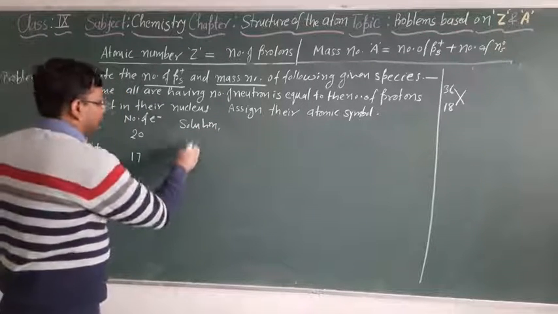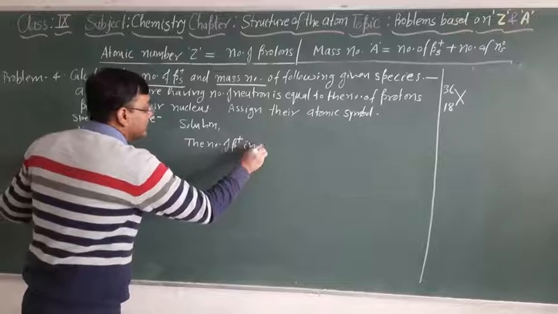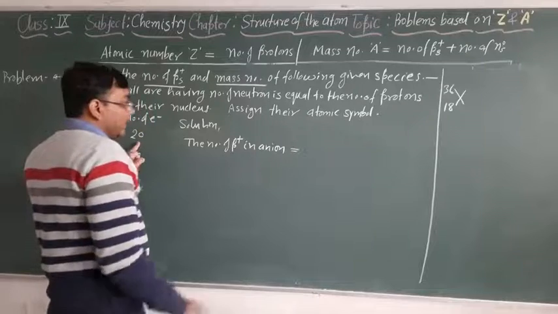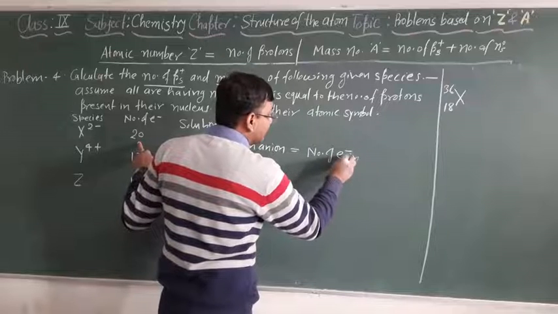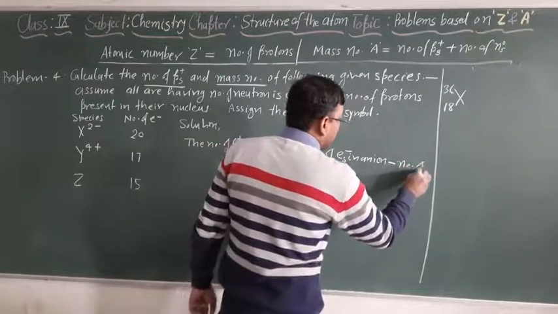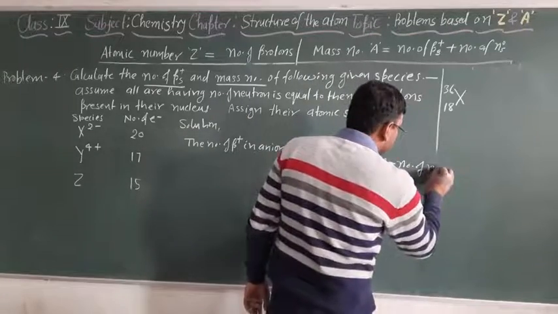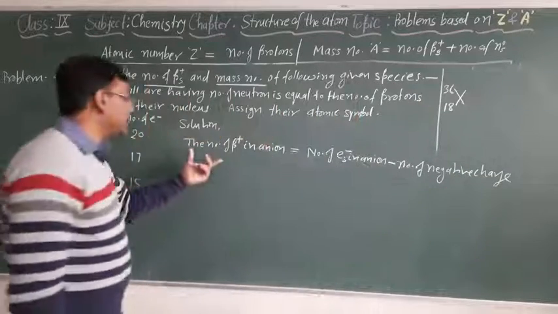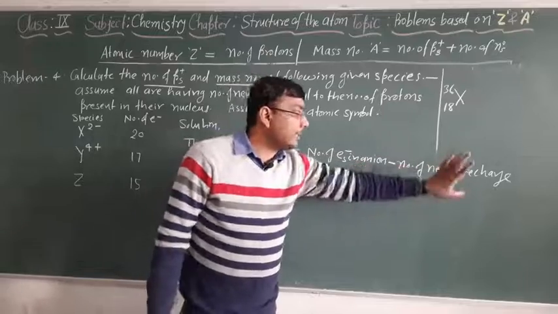So for the anion, the number of protons in anion is equal to number of electrons in anion minus number of negative charge.